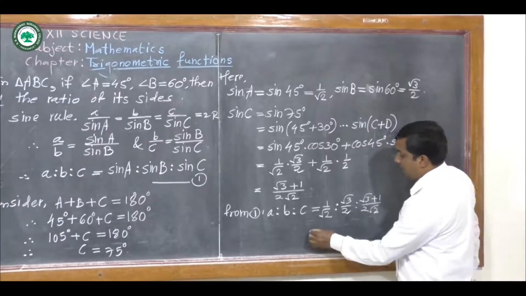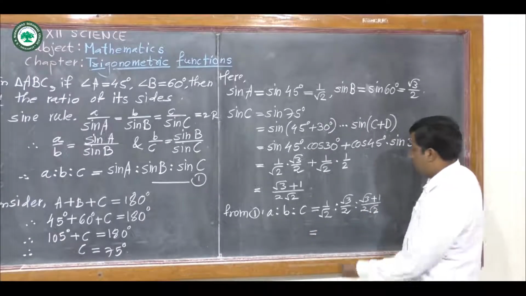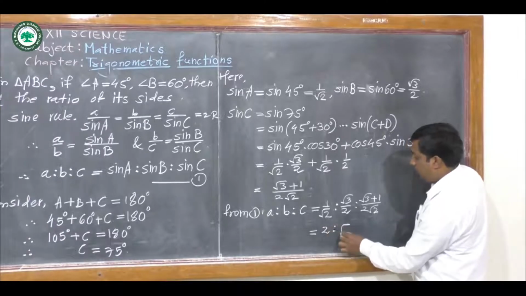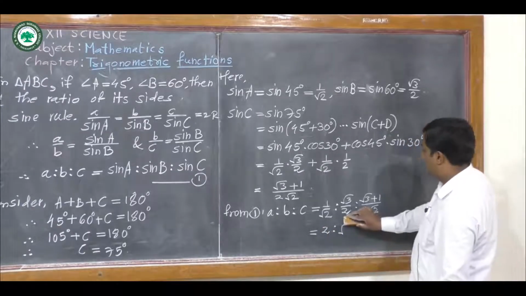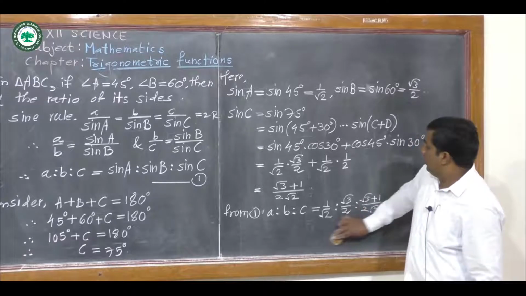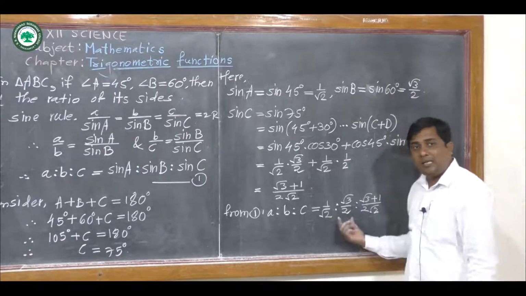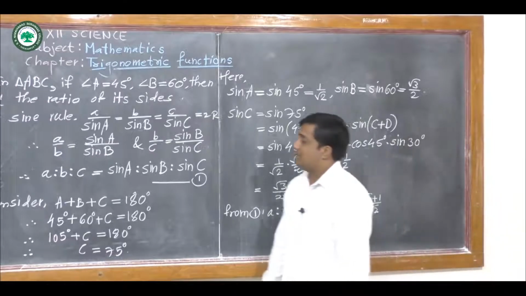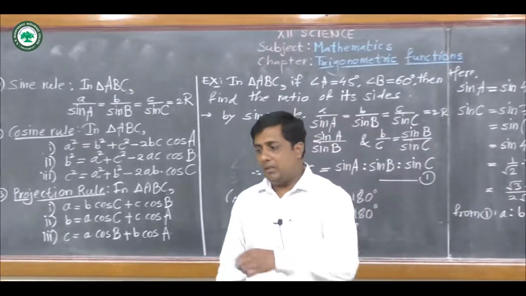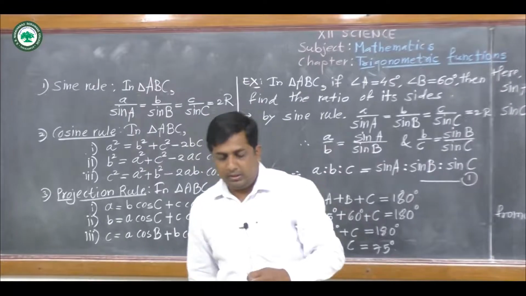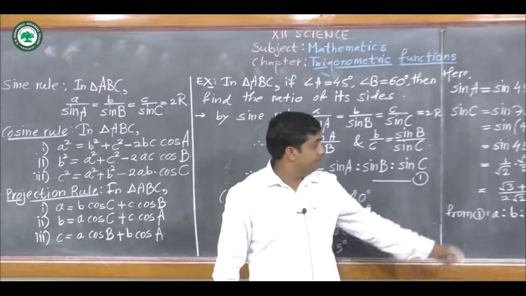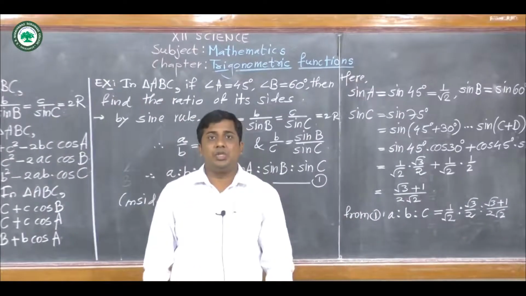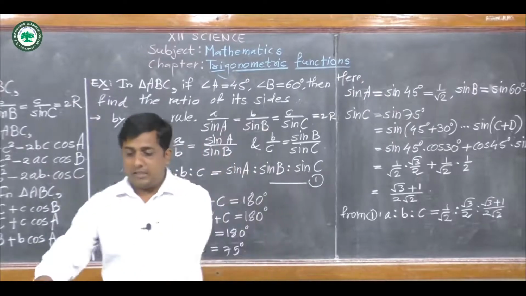And lastly, we get 2 : 2 : 2. So by using the sine rule, we find this ratio.